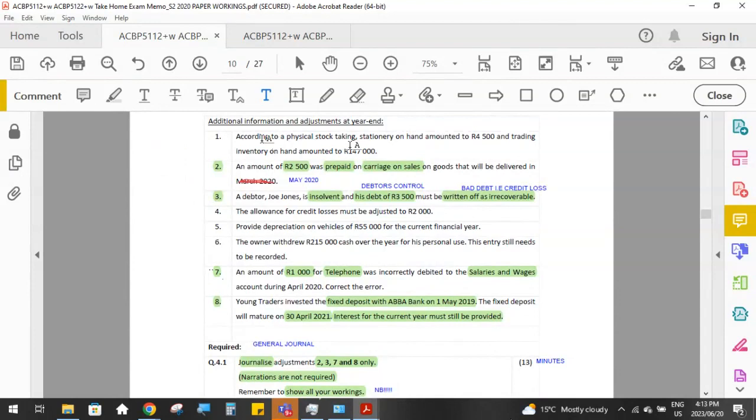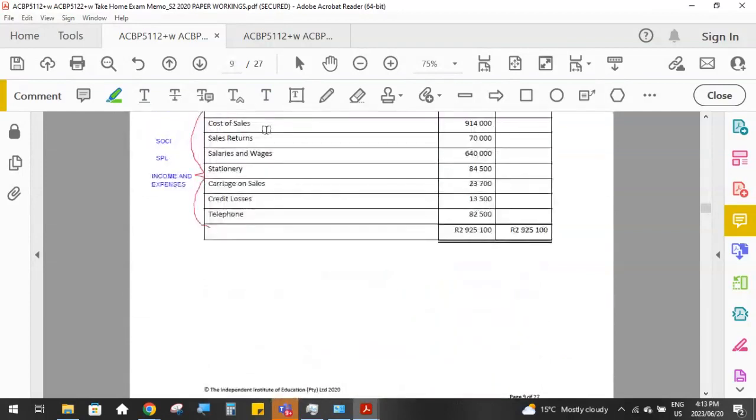According to a physical stock taking, stationery on hand amounted to 4,500. So what are we going to do with that? I've got a stationery expense account, and of that 84,500, 4,500 of that I did not use in this year, so I must reduce my expense for stationery by 4,500. Okay, so what would our journal entry be?